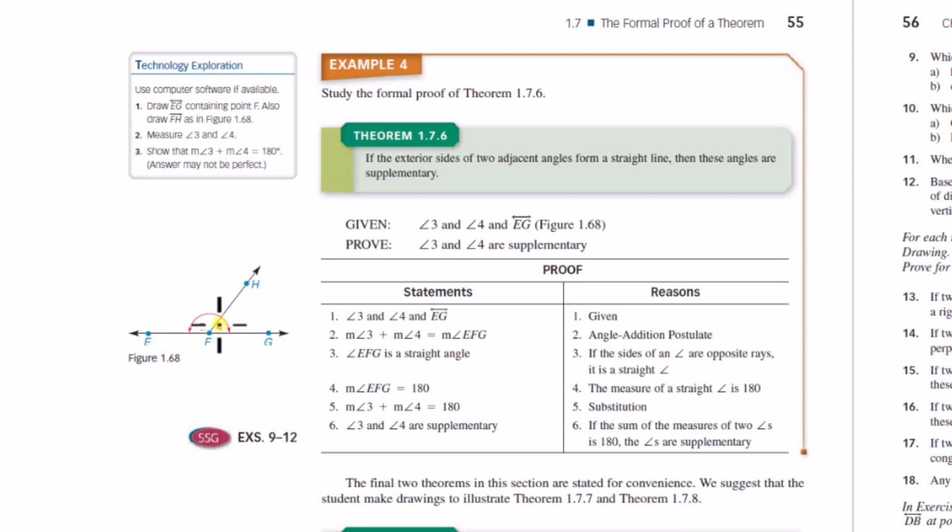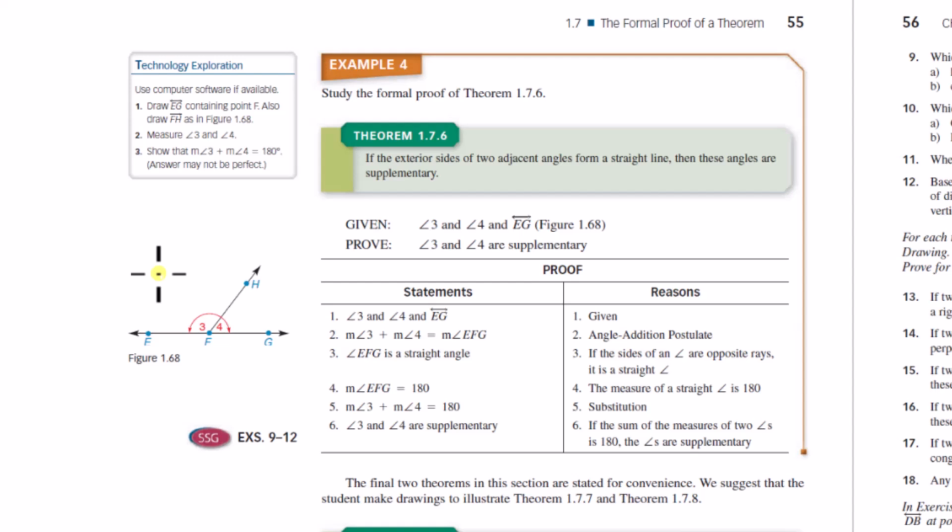Our engineering intuition, based on what we've studied in geometry, tells us that the measure of angle EFG, the 180 degrees, is going to be equal to the measure of angle 4 plus the measure of angle 3. Since these two angles sum to 180, that means they're supplementary. So there's the engineering proof.